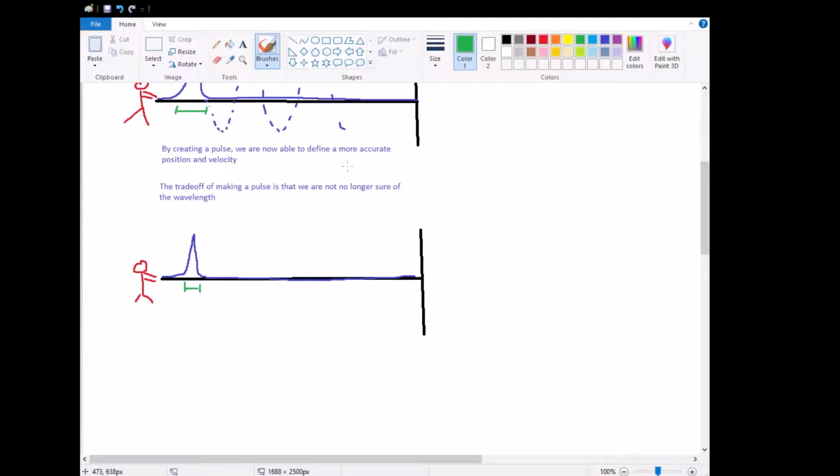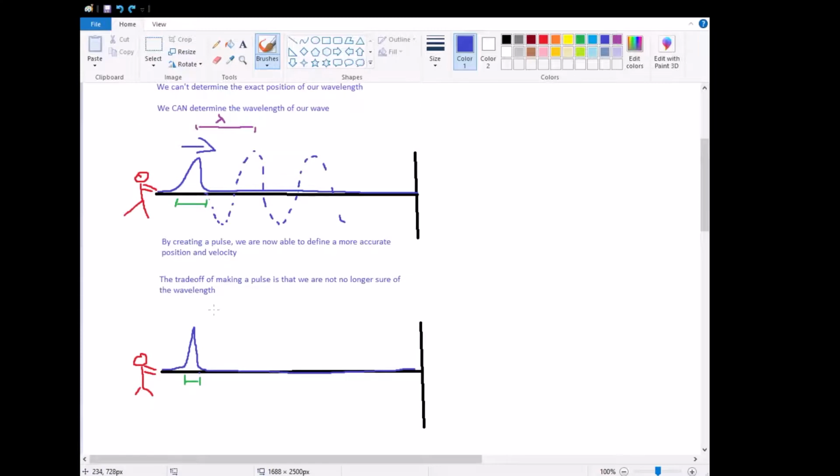I know the position even more exactly. However, now I know the waveform even less. This probably looks something like this, maybe. And my measurement of the wavelength in this scenario is even more inaccurate.